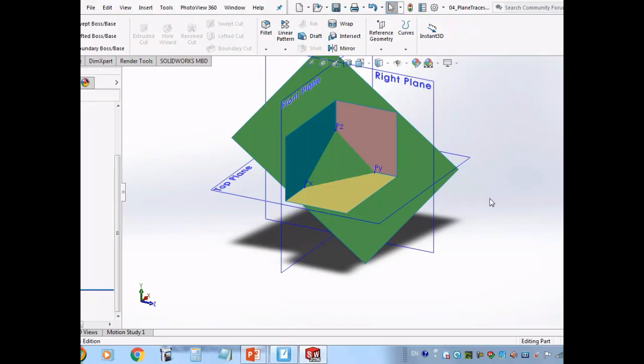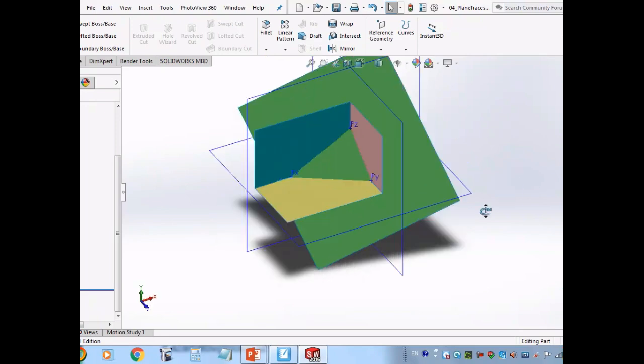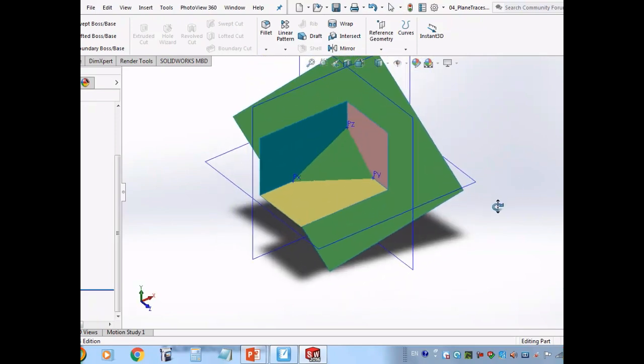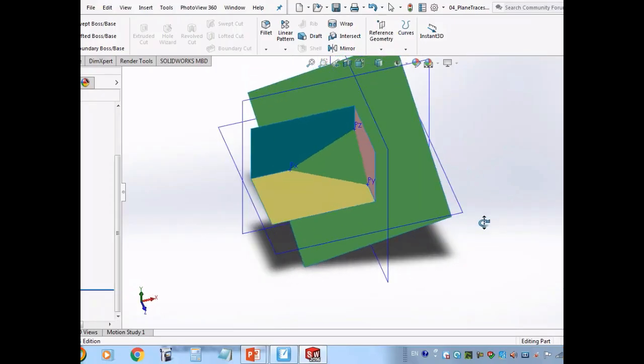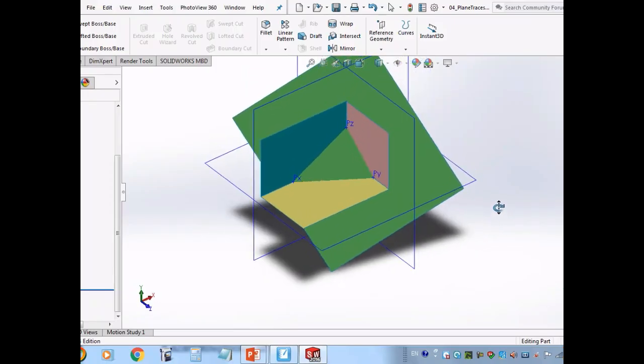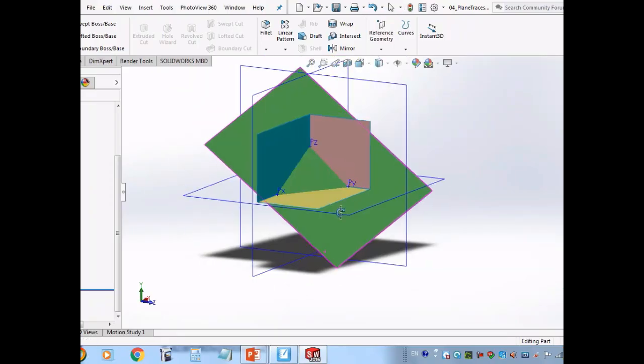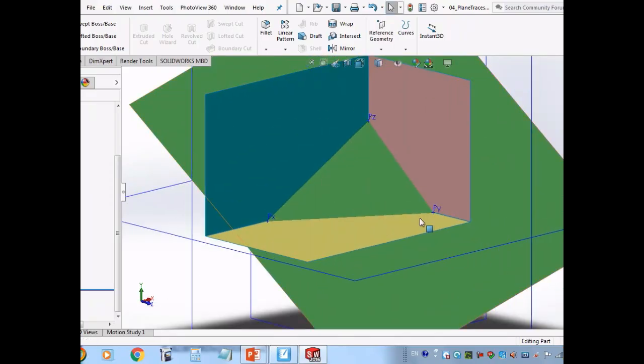Traces can be given as the traces which intersect the projection planes. For example, the green plane is given in the space. How to represent this in two-dimensional space? Actually this green plane intersects here.